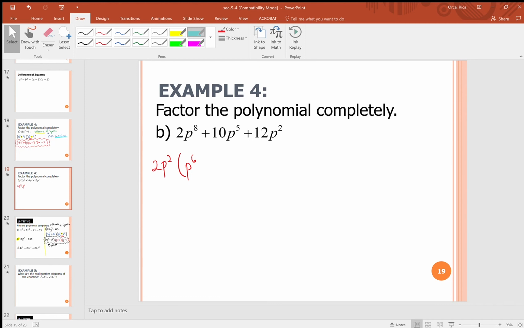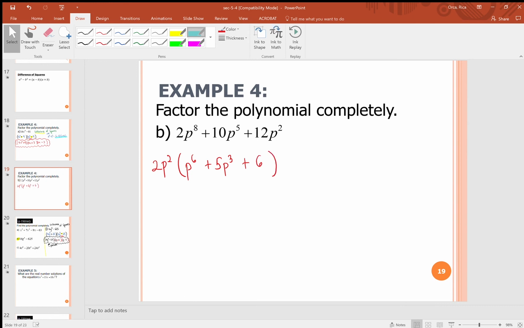Remember the rules of exponents. When you're multiplying two variables with the same bases, you add the exponents. So 2 plus 6 is 8. Let's move on. 2p squared times 5p to the 3rd is 10p to the 5th. And 2p squared times 6 is 12p squared.